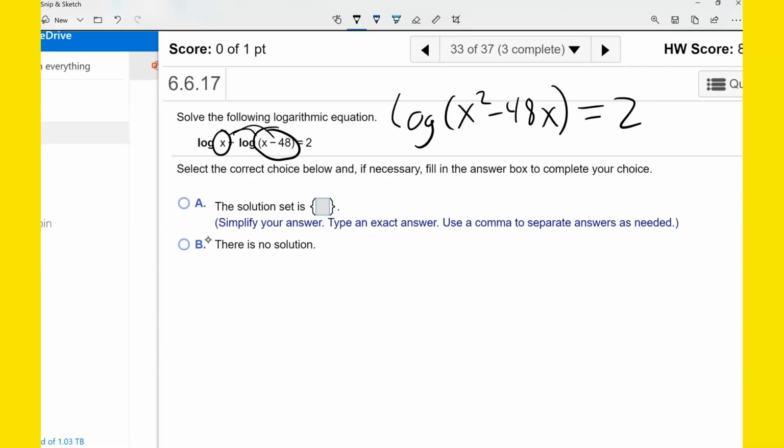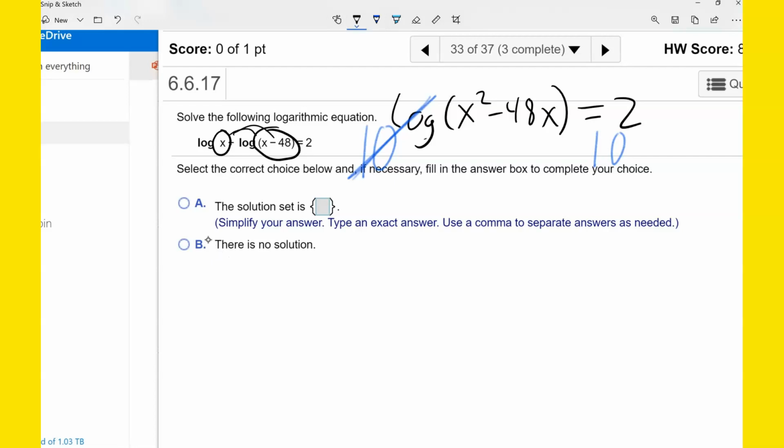From there, you can get rid of the log. How do you get rid of that log? What's the base on that log understood to be? It's understood to be 10, so I get rid of it by exponentiating with a big base 10. I'm going to exponentiate both sides with a big base 10. It's going to cancel out that log. That's understood also to be a big base 10.